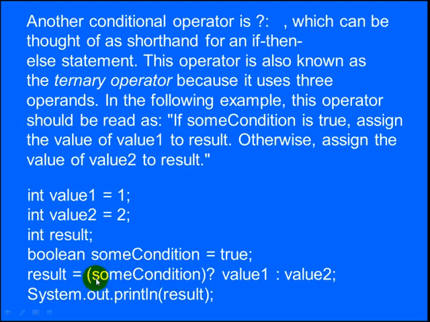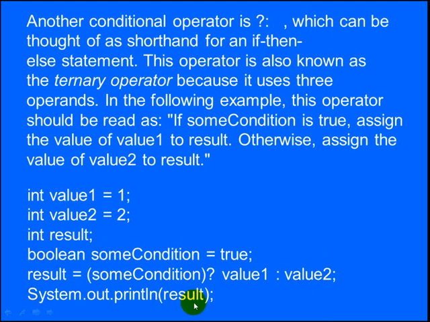If this expression gets true as its output, then the expression 1 that we have written here will be assigned to the result. And if this condition gets false, then the value 2 that we have put after the colon symbol will be given to result.